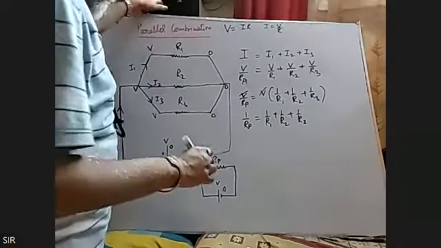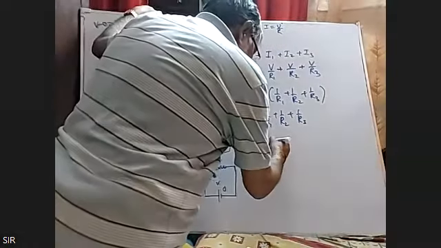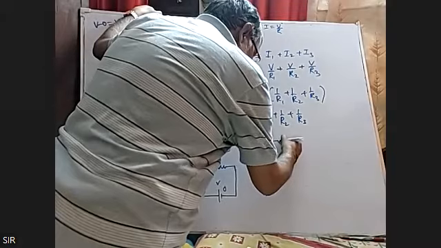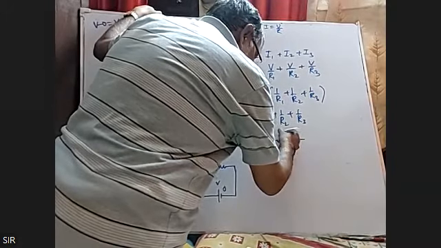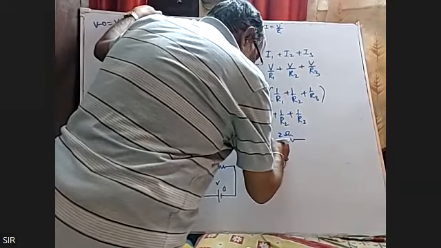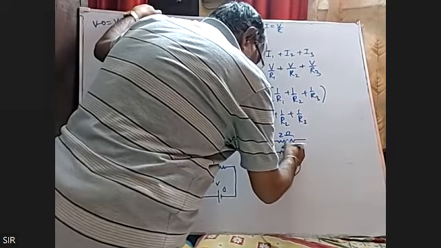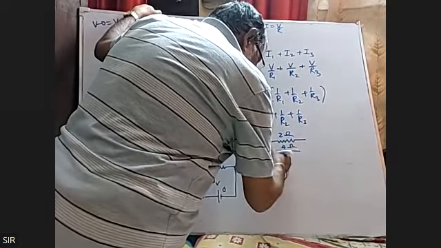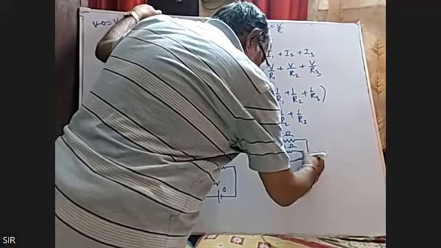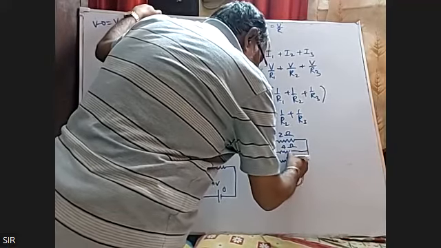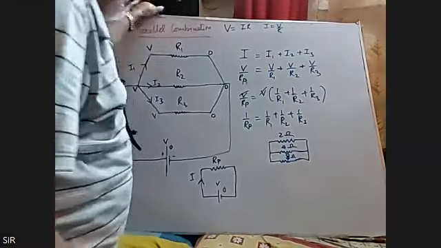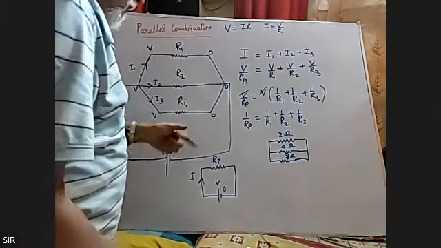See how we will be doing these questions. Suppose we have one resistance, 2 ohm. Second resistance is 4 ohm. Third resistance is 8 ohm. So what will be the equivalent resistance?